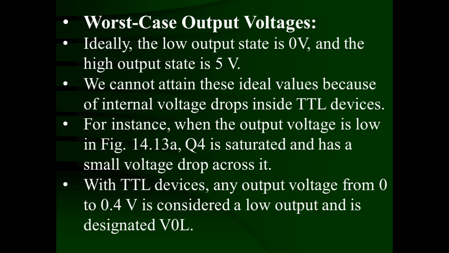Normally, when a transistor is in saturation, the voltage drop between collector and emitter is approximately 0.2 volt. That means with TTL devices, any output voltage from 0 to 0.4 volt is considered a low output and is designated as VOL. VOL means the output voltage when the output is in a valid low state. It is the range from 0 to 0.4 volt.